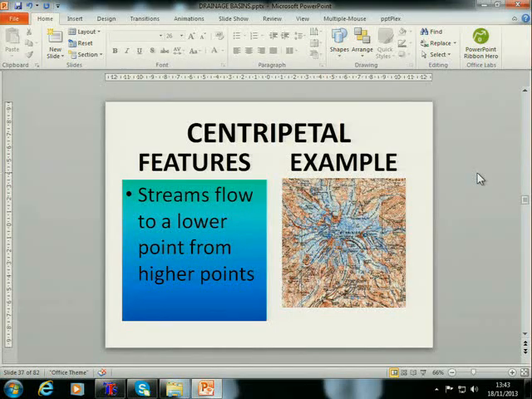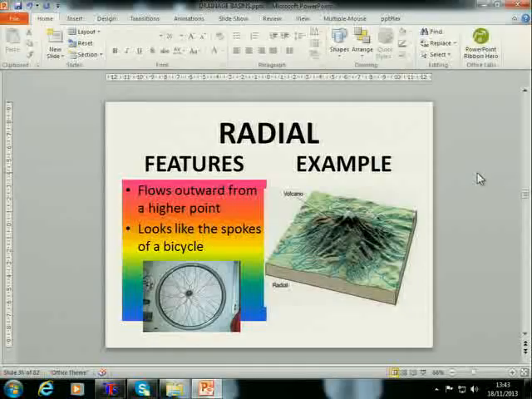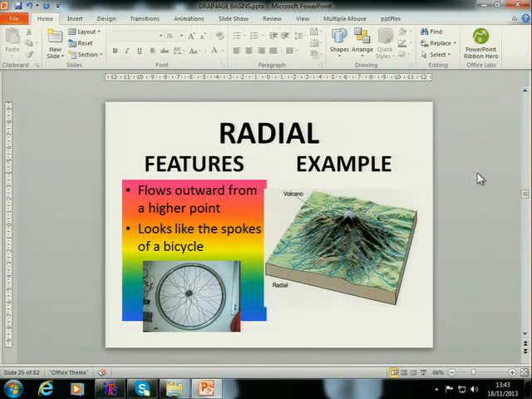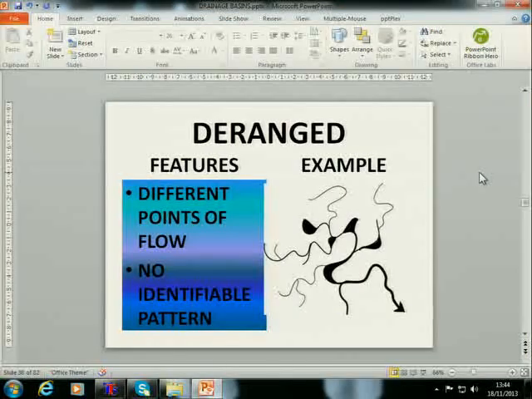So that shows us that that is a higher lying area. Then the water will flow inwards, downwards, from those higher points to, say for instance, a pan or a dam or a lake. Whereas the radial pattern flows outward from one central higher lying area.